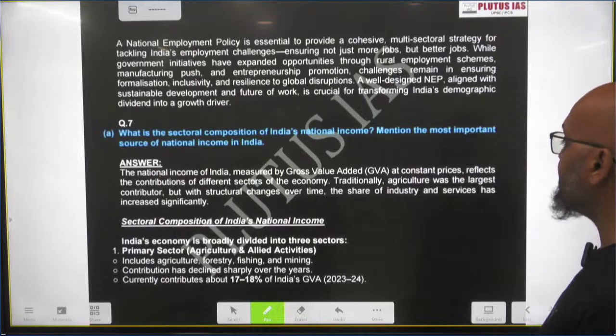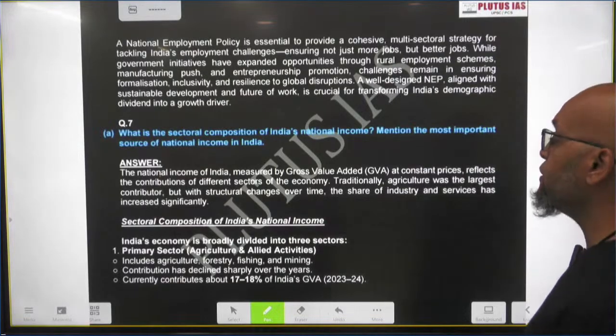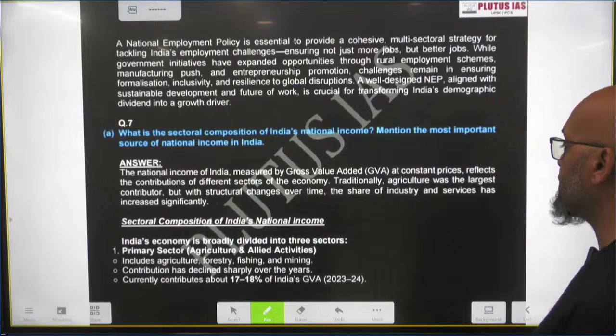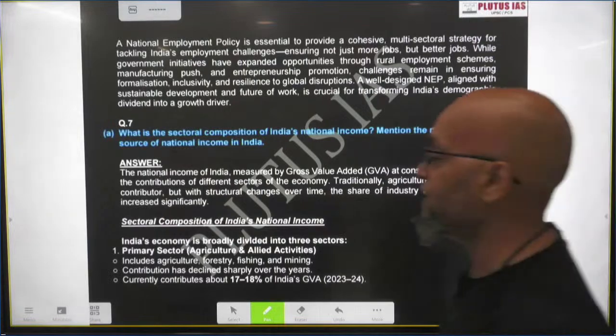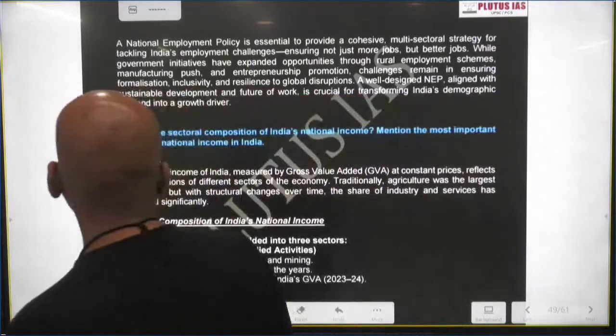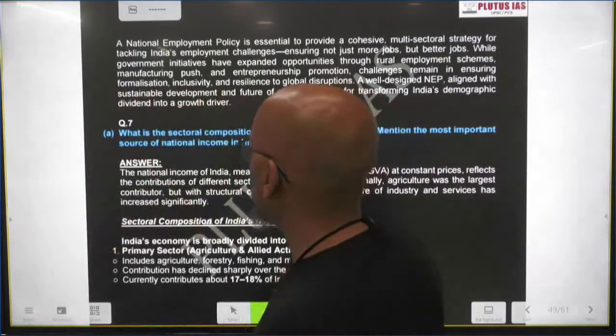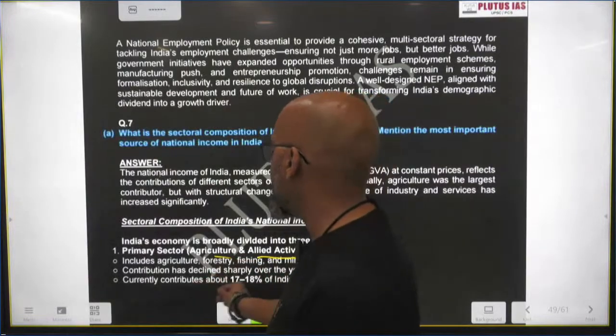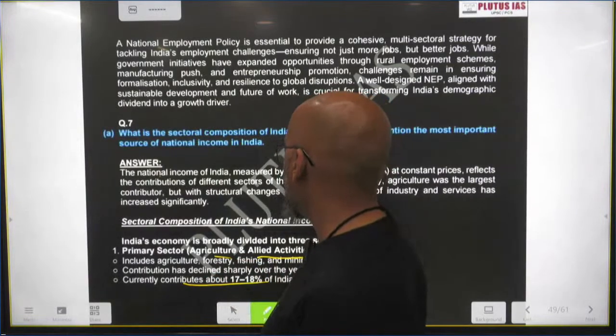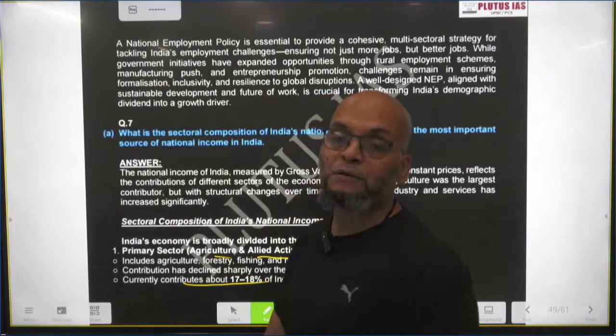Traditionally, agriculture was the largest contributor, but with the structural changes over time, the share of industry and services has increased significantly. Sectoral composition of India's national income, number 1, primary sector, agriculture and allied activities. It currently contributes 17 to 18% of the GVA as per 2023-24.